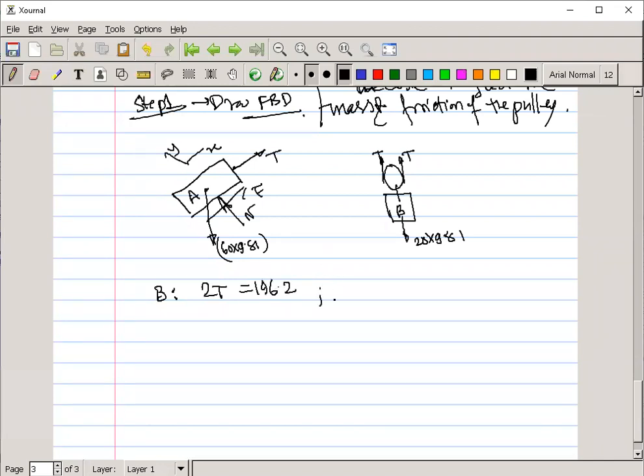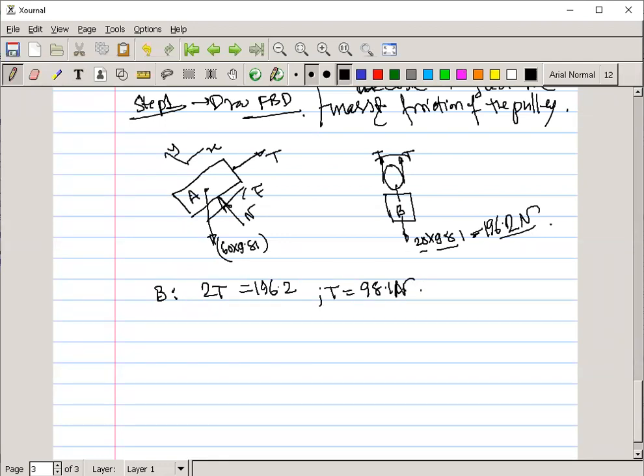And T is equal to how much? 98.1. Is it okay? Because this is 2T. So 2T is equal to 20 into 9.81, which is 196.2 Newton, so T is 98.1 Newton, right?